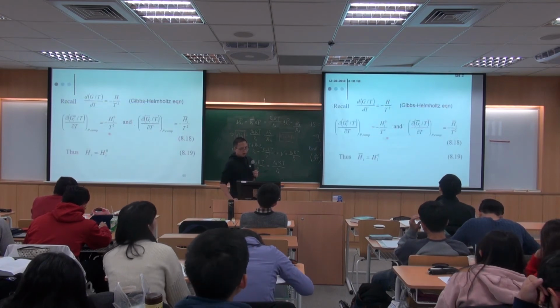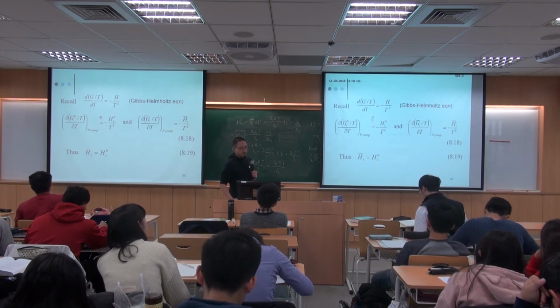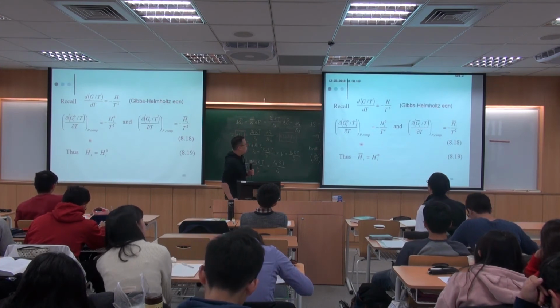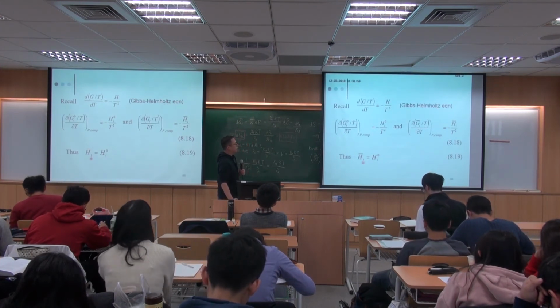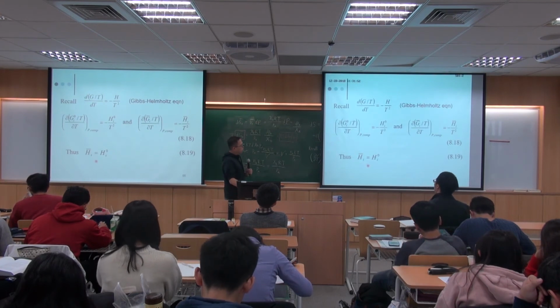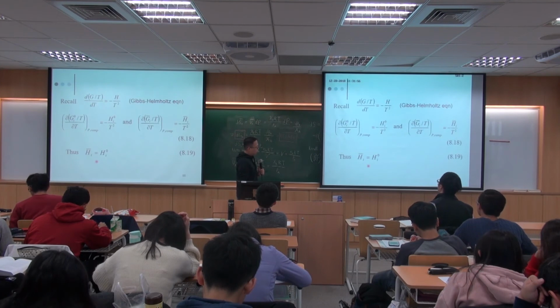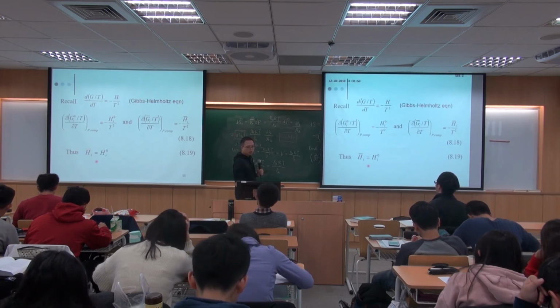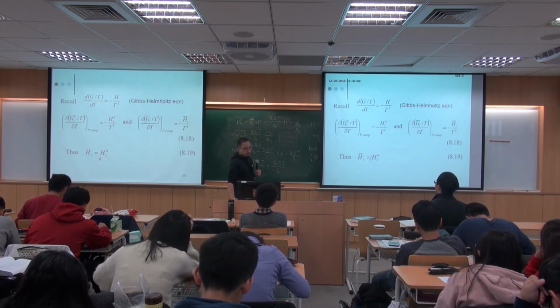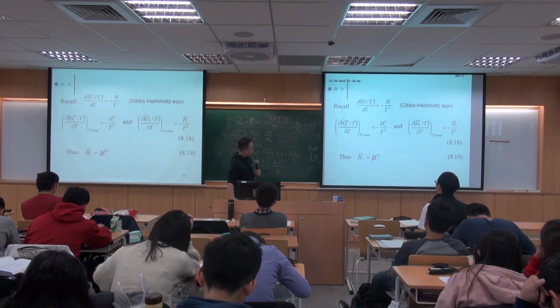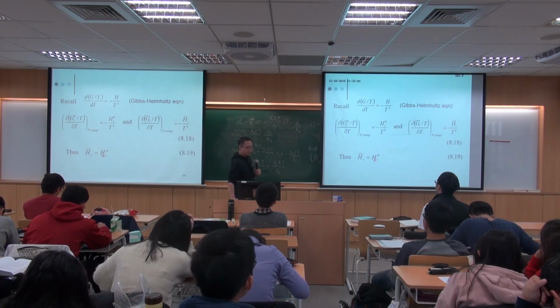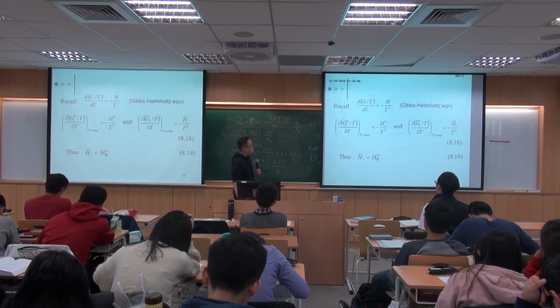So it turns out that if you use the Gibbs-Helmholtz equation to relate these two, it will give you this relation. The Hi bar, the partial molar enthalpy, will be the same as Hi0, the enthalpy of that component at a standard condition.